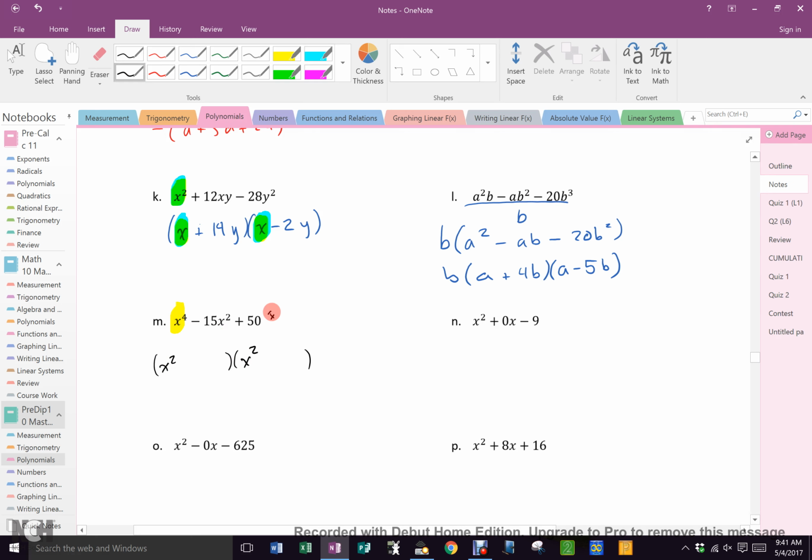Now, does this look normal for the rest of the way? What would I need to multiply to? 50. I haven't actually taught you this, but this is experimentation, right? So, all right, we notice something's different. We've done something that fixes that. So let's see what happens. We're going to multiply to 50 and add to what? Negative 15. What is it? Minus 5, minus 10.